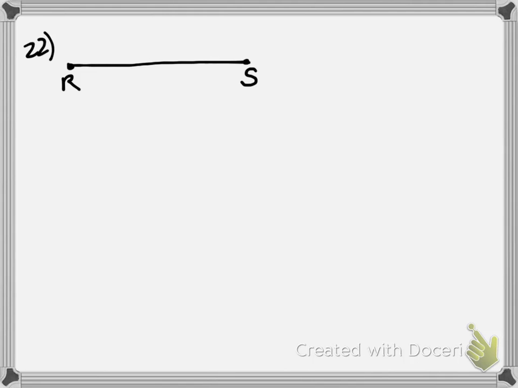T is the midpoint. So again, I'm just eyeballing these midpoints, but I'm trusting. We're going to trust what we're told, not what it looks like. W is the midpoint of RT. And Z is the midpoint of WS. So this one's a weird one.